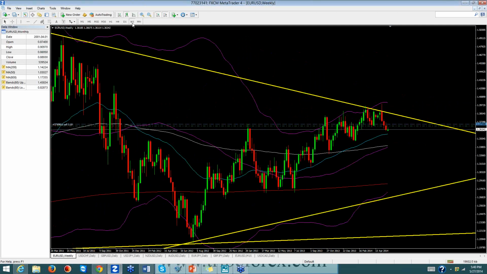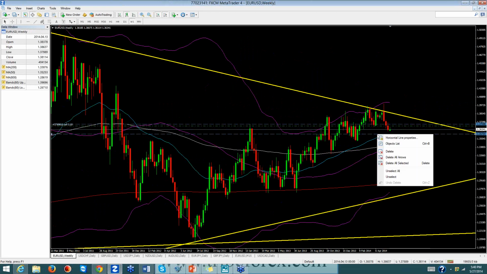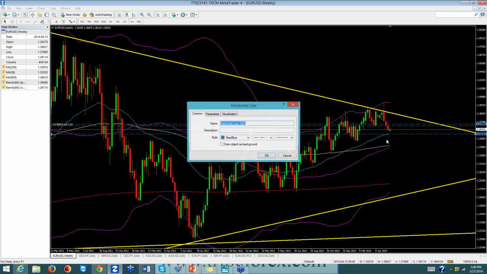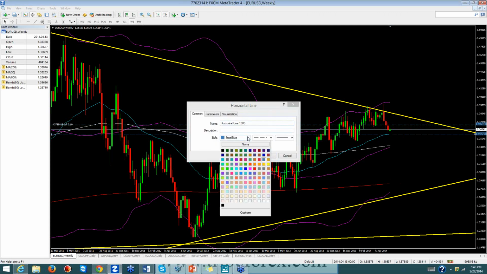I'm going to go down to my weekly and see if I see anything of relevance. On the weekly, of course, we have the 50 EMA, which is always relevant, 135.69. For the day, that's going to be another area of support that we want to look at. I'm going to change the color again because it is a weekly.